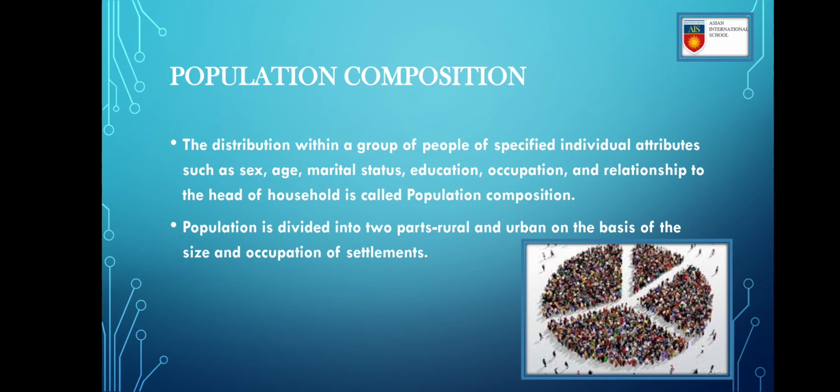Population composition. The distribution within a group of people of specified individual attributes such as sex, age, marital status, education, occupation and relationship to the head of household is called population composition. Population is divided into two parts, rural and urban, on the basis of the size and occupation of the settlement.